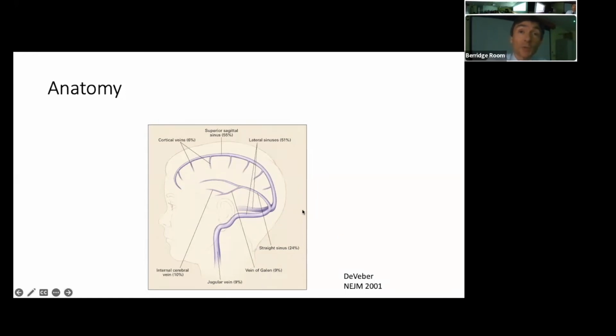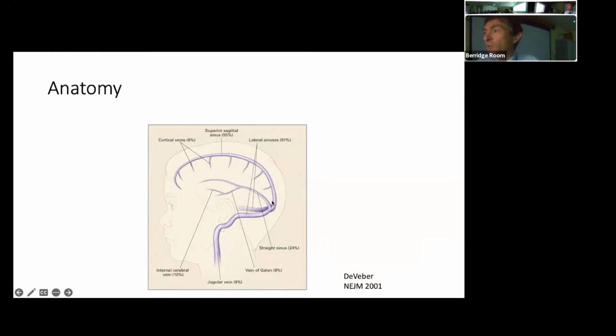It's quite old now, but they have quite a detailed and comprehensive registry for pediatric stroke, and they collected, I think, about 160 dural sinus thrombosis events in Canada over about a 15-year period. So it's not a common event, but they looked at the different characteristics of the children.